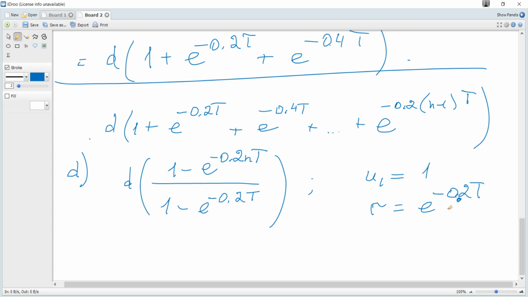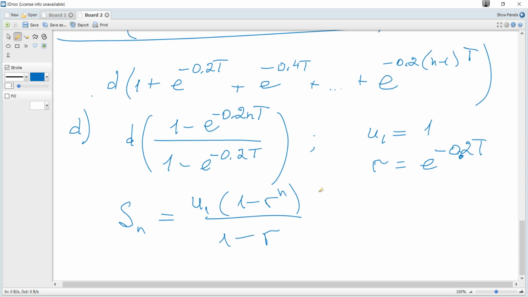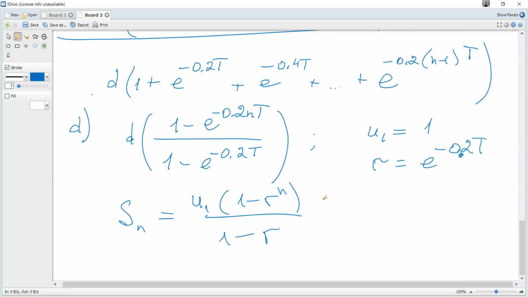The third divided by the second is also this value. The formula for the sum of the first n terms is u1 times (1 minus ratio to the power of n) over (1 minus ratio), but the question is how many terms there are: n, n minus 1, or n plus 1.